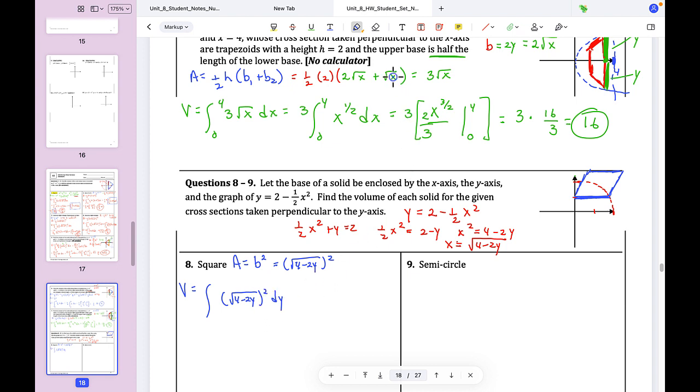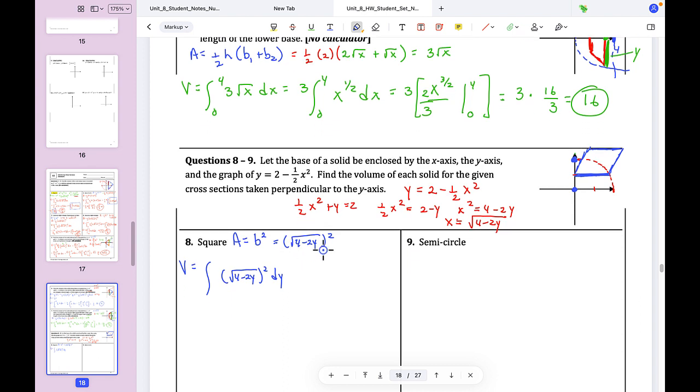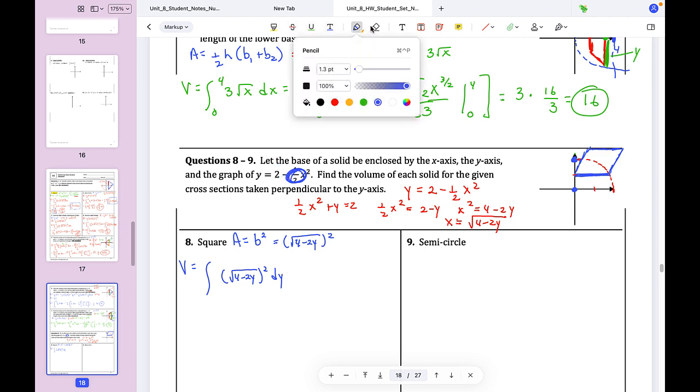Okay, so where are we going to integrate from? Well, it's with respect to y this time, so we're going from 0 to 2. That's where this curve crosses the y-axis. If you don't remember how to do that, just remember the y-intercept is found by setting x equal to 0, so y equals 2.